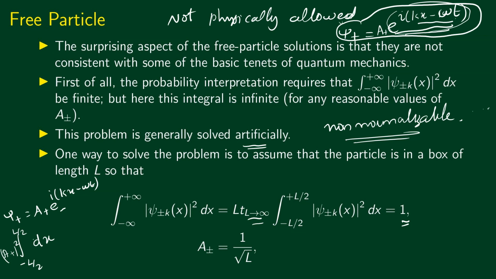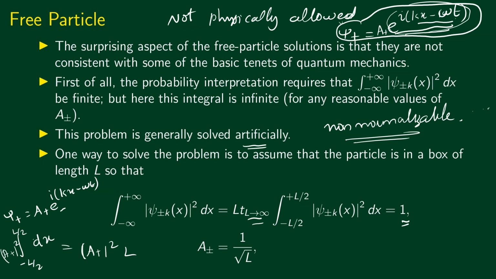If we integrate this, it is simply modulus A plus squared, and dx integrated is x. Applying the limits from minus L by 2 up to plus L by 2, this will simply be equal to L. This is finite. We don't say L is infinite at the moment.